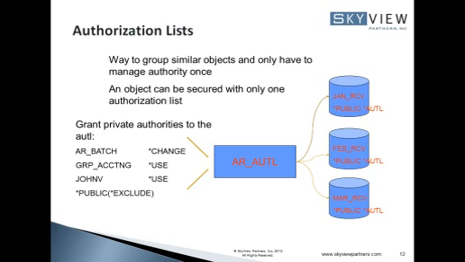Well, if you've ever tried to change the ownership or authority on a file when it's in use, you know that that is blocked. It's prohibited by the operating system. So one thing I like to do is have at least one and probably two, maybe three authorization lists when I go to rework the authority on an application.